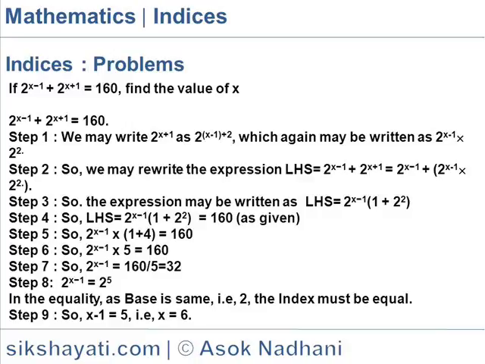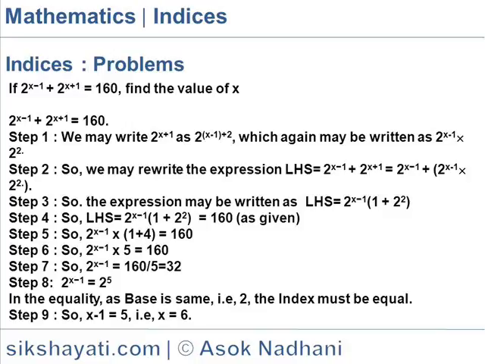You see the index is x minus 1 in the first part and the index is x plus 1 in the second part. To solve this, you have to convert the index of one part in terms of the index of another part. So here the index of the second part, that is x plus 1, we convert it in terms of x minus 1.